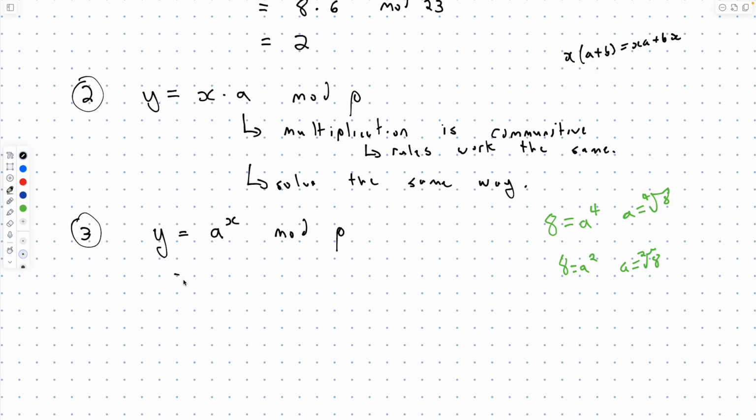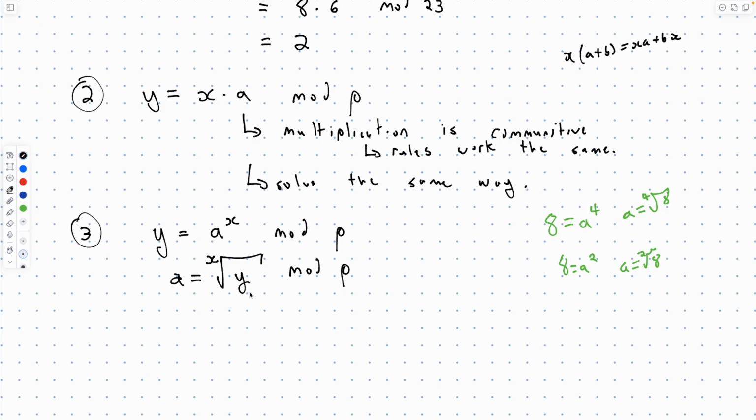I'll have a equals the x root of y. Do we think we can just compute a root? What happens if we just compute a root and then do mod p? We're going to run into the same trouble, which is it's probably going to end up being a decimal, not an integer, and then we can't do anything about it.